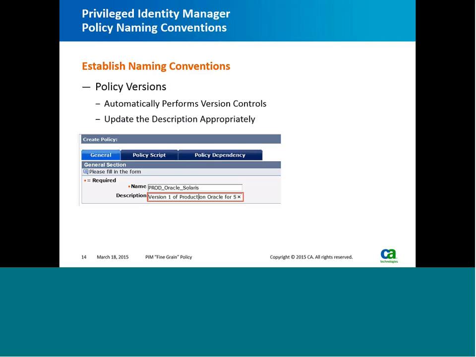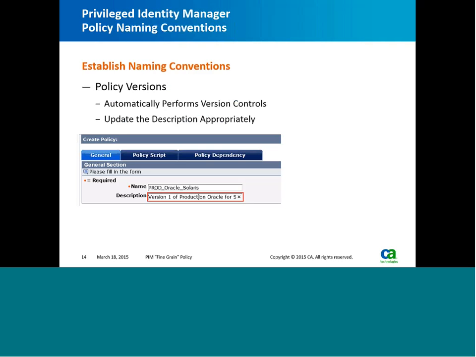Now, one of the things that I always like to let clients know is that there is versioning control with the solution, right? The PIM solution itself actually keeps track of version numbers of the policies themselves, but a lot of times that information is not going to be shown.